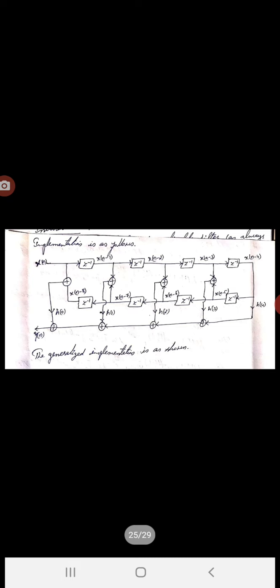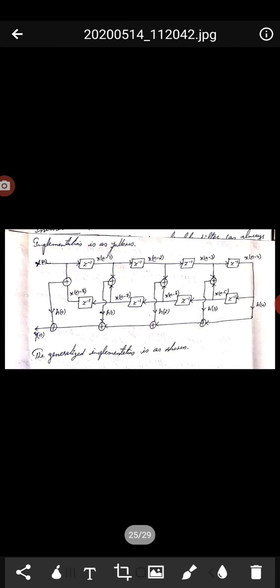Remember how the general form is drawn and how the delay parameters are taken: x of n minus 1, n minus 2, n minus 3, 4, it depends on the equation given to us. But remember how the structure is drawn. This is about your linear phase. It may be for M odd or for M even.